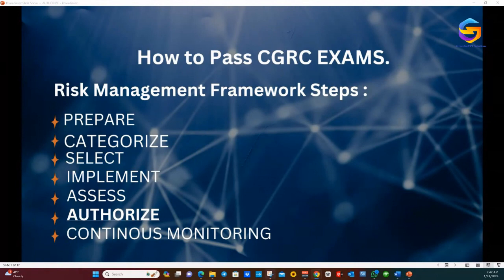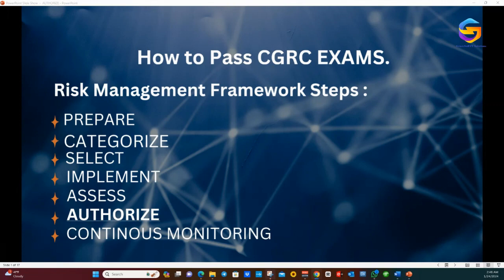We also have the authorization decision and authorization reporting. So under the authorization step, we have 5 tasks: the authorization package, risk analysis and determination, risk response, authorization decision, and authorization reporting.